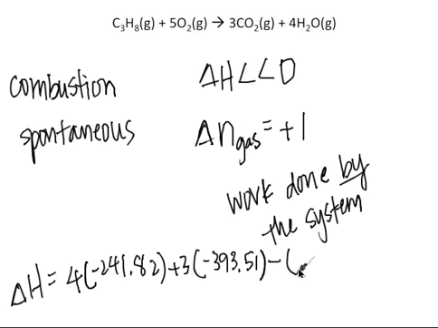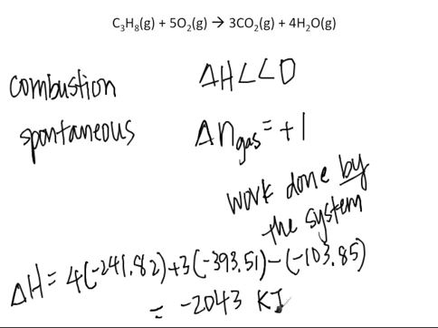For propane, it is minus 103.85. And for oxygen, remember, it exists as oxygen gas, so heat of formation is 0. So this gives us about minus 2043 kilojoules, just like we predicted.